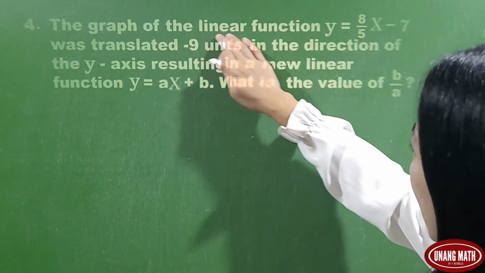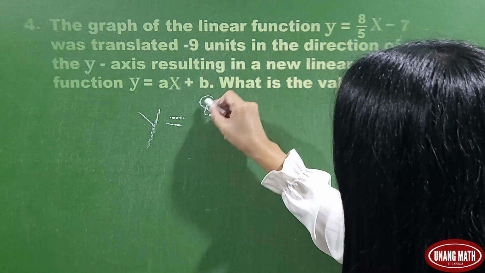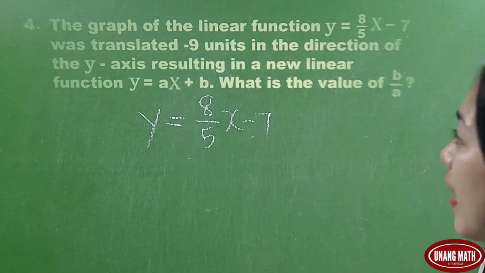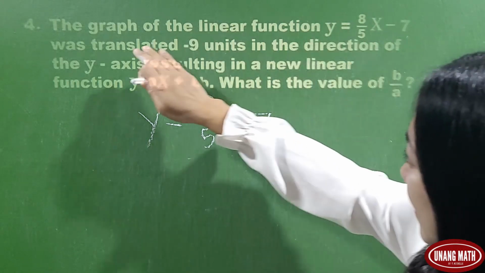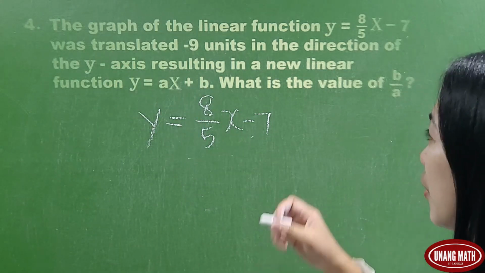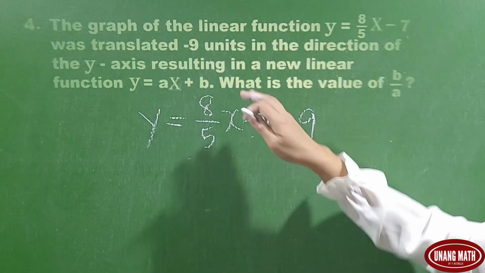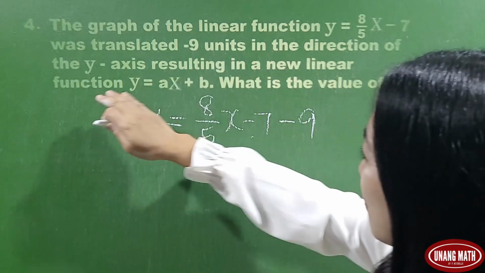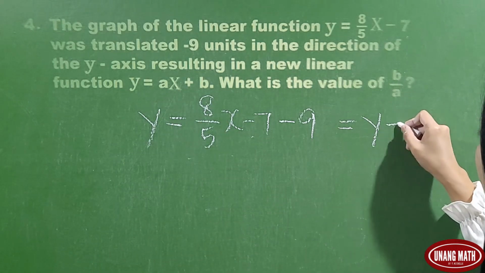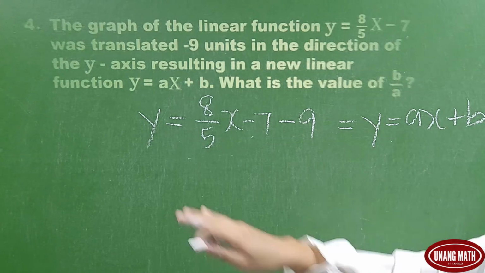Let's get this linear function y = 8/5 x - 7. This was translated -9 units in the direction of the y-axis, so it means minus 9. The result is the new linear function y = ax + b. Let's simplify.